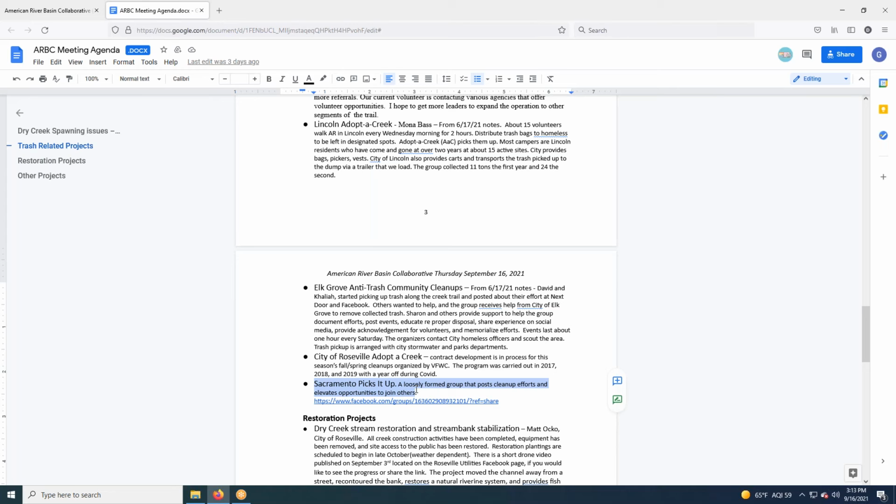But on Sacramento Picks It Up, the biggest questions are how to work with local agencies, and it's so complicated, right? If you do a cleanup in the city of Sacramento, you can report it after you finish through the 311 app.